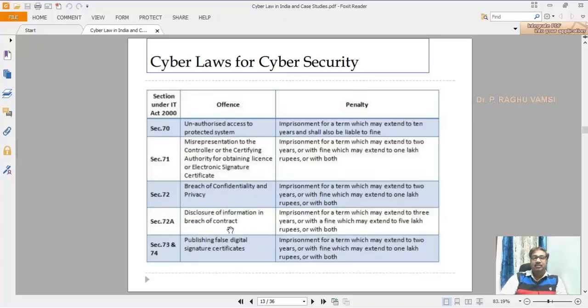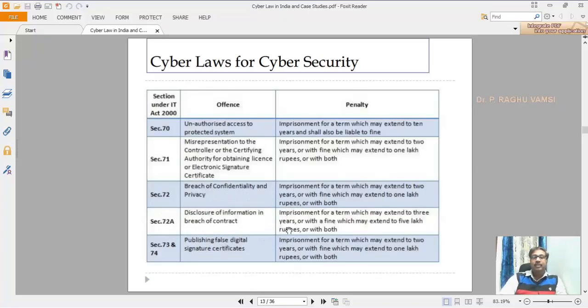This is the core offense, and there may be some other consequences also. All other consequences may fall under different sections, and the penetration tester or ethical hacker may be booked under those sections.